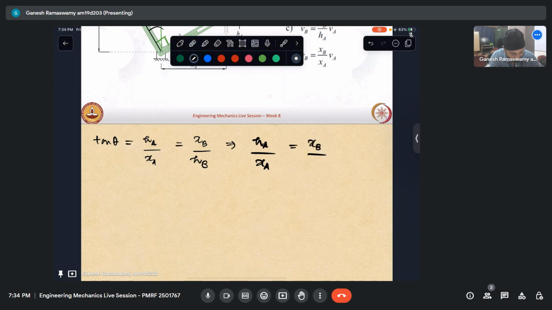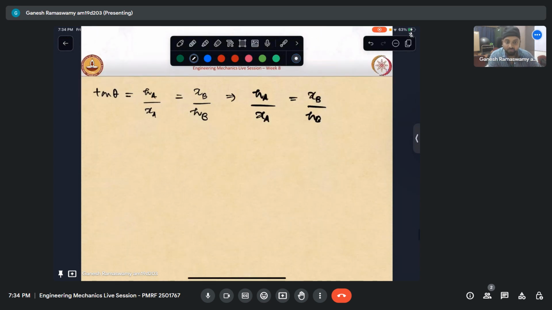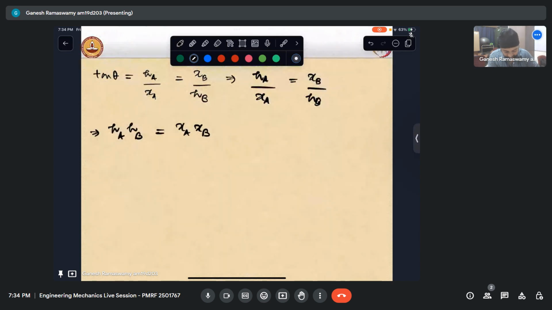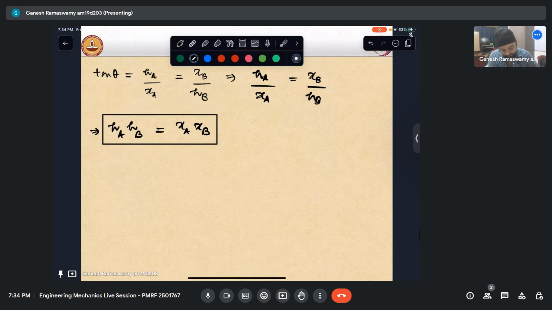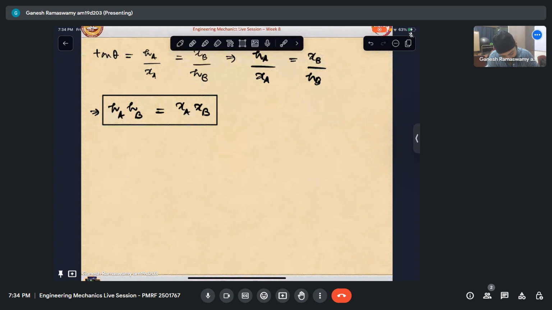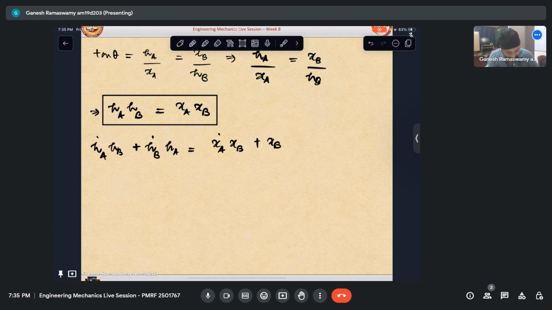So let me cross multiply this. HA HB is XA XB for this problem. So this is the equation that it must respect in order to hold on to the geometry of the problem. So if I take the time derivative, I know by product rule that HA dot HB plus HB dot HA is XA dot XB plus XB dot XA.